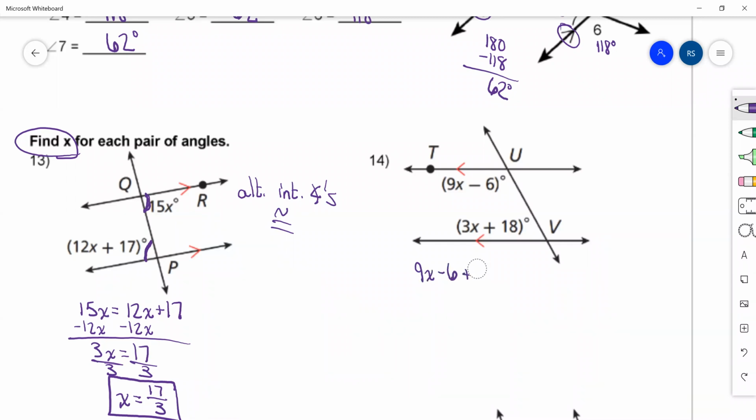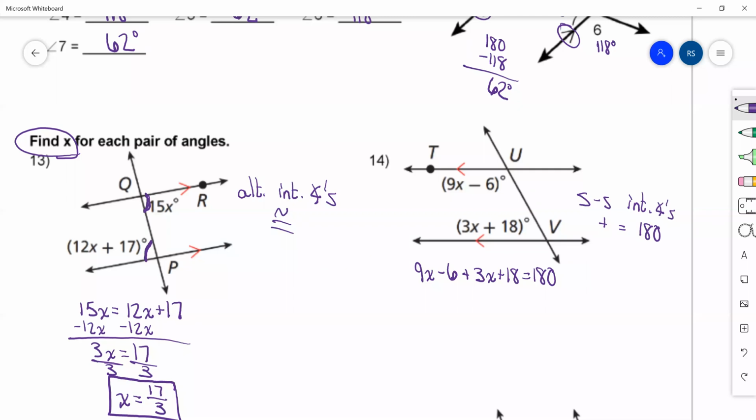They either have to be the same or they have to add to give me 180. So those are our only two options in this case. And that makes sense because if we think about the relationship here, these are same side interior angles, which have to add to equal 180.